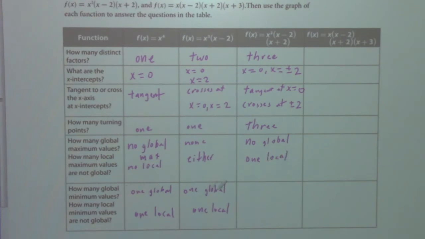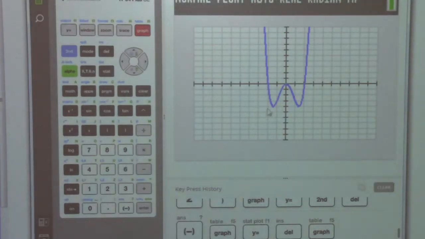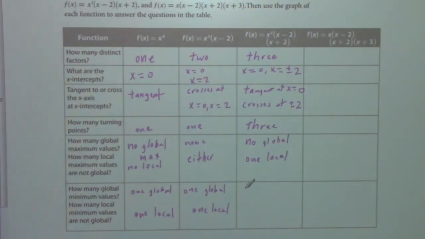And what about how many global minimum values do we have here? 2. Well, it's kind of a trick question. I only count 1, because they're the same. So that's only going to be 1 value. So we'll say one global minimum value.